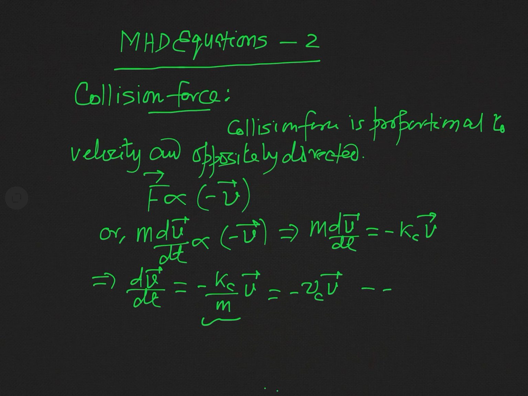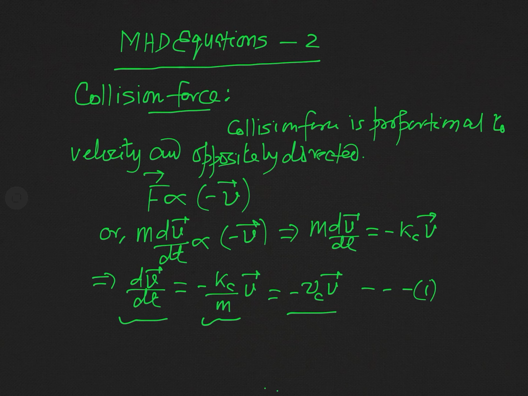Since this is the second lecture, I am just changing the equation number. Let us say this is equation number 1. Now we know that this dV by dt is del V by del t plus V dot del V. You should know this equation has been derived on the assumption that only the collision force is acting.